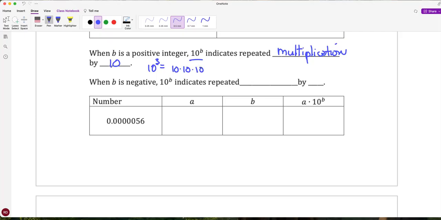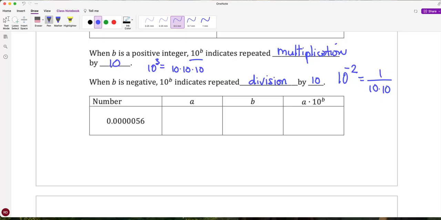Now when b is a negative number, 10 to the b means repeated division by 10. So 10 to the negative 2 means I'm dividing by 10 2 times.